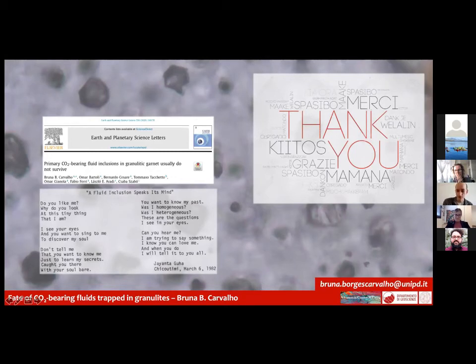Oh, another question. Is there any evidence for these fluids causing melting? How can you tell the difference between fluids mixing with melt and fluids coming off the melt? Yeah, the CO2 couldn't come from the melt because the amount of CO2 that partitions into these melts that are rhyolitic in composition is quite low.